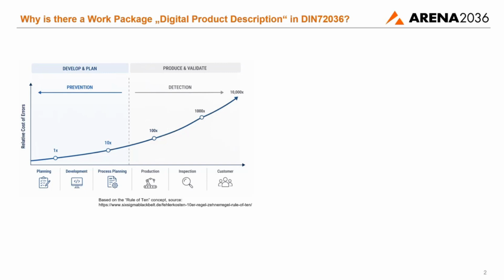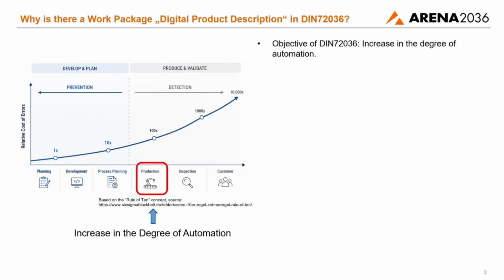Because the answer to this might not be very obvious on the first glance. But what is the objective of the DIN? So the objective is to increase the degree of automation in wiring harness production.